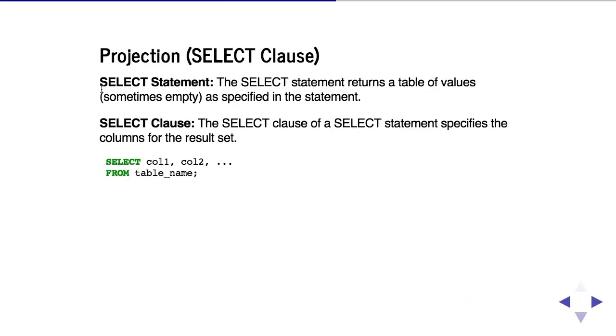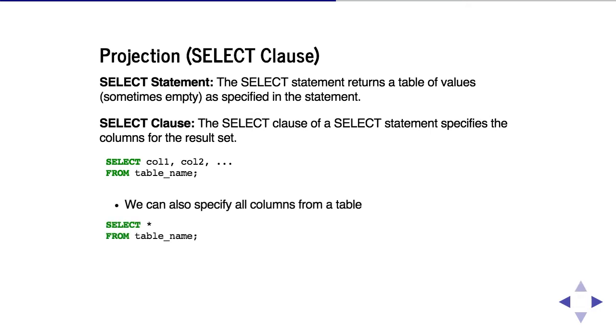In the select clause, you specify your columns, and you also give it from table. So select the columns we want from this table, and it gives you values. If we want to select all the columns, we select star.